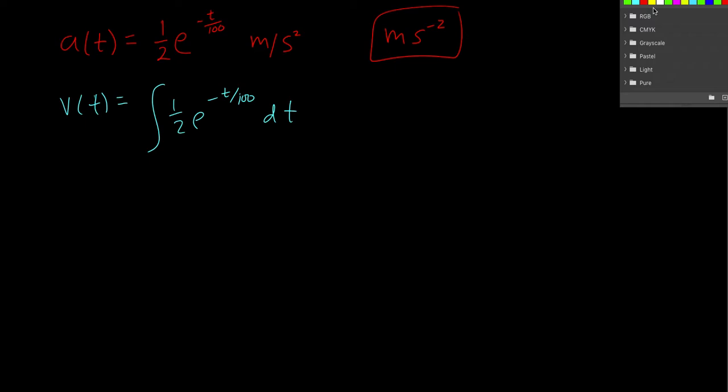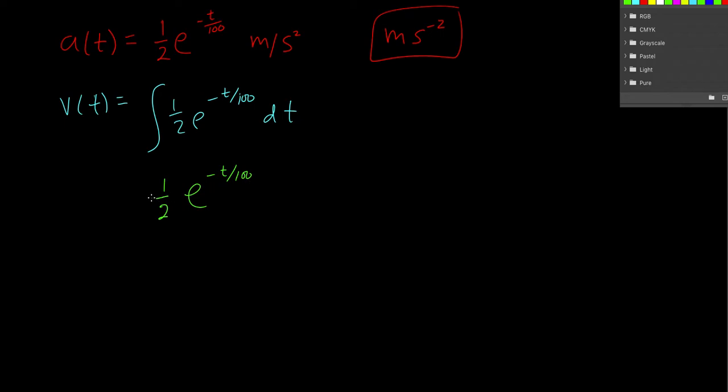When we do this, the 1/2 just comes down. E to the t is just itself. And then we need to divide by the derivative of the inside, which is negative 1 over 100.